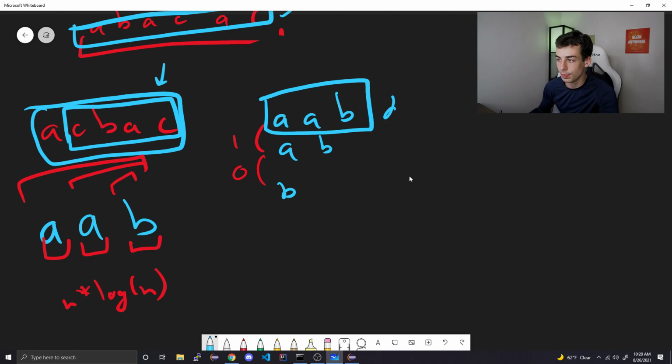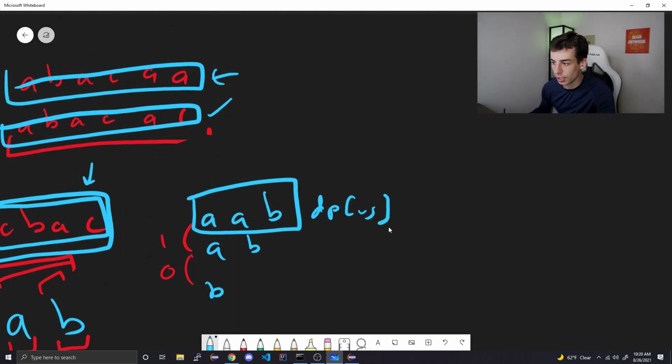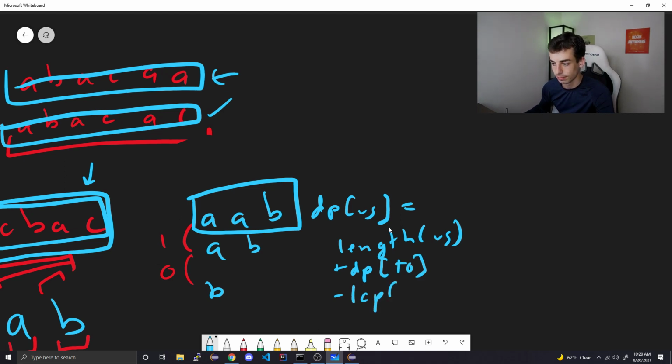So we need to say dp of us equals the length of us, plus the dp of whatever we're going to, minus the longest common prefix. Yeah, so this is one possible transition, and we'll try going to all future possible suffixes.